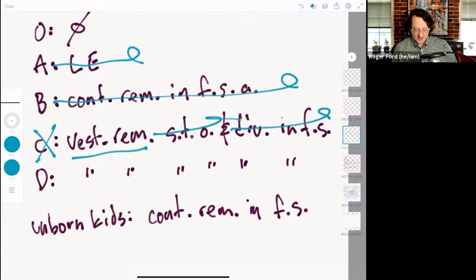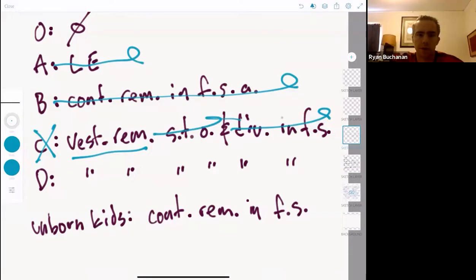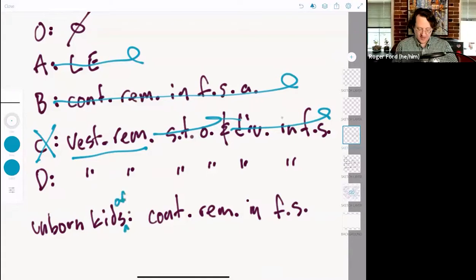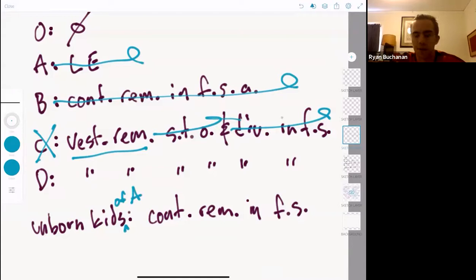So D, and what about the unborn kids? Well, the unborn kids are kind of in that subject to open deal there. All the unborn kids of D and C have that fee simple absolute, but those are kids of A. Right. So they don't have anything at this point.